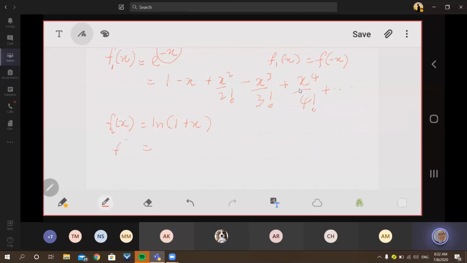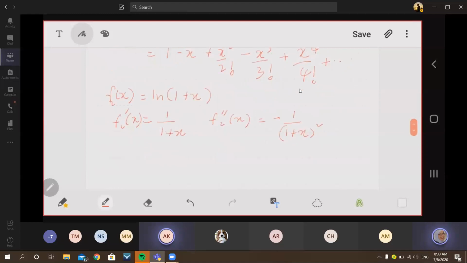So when you differentiate, that is equals to what? 1 over 1 plus x, isn't it? Yes. Okay. So when you differentiate another time, minus 1 over 1 plus x squared.